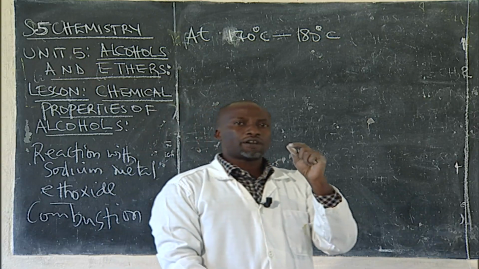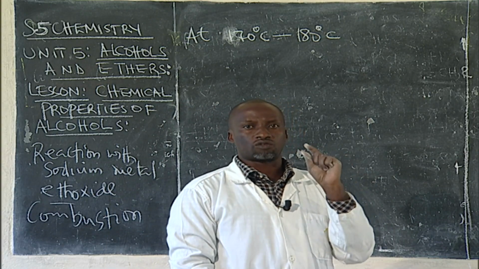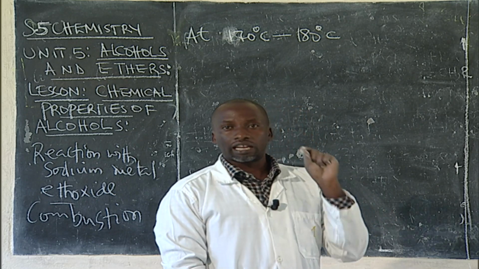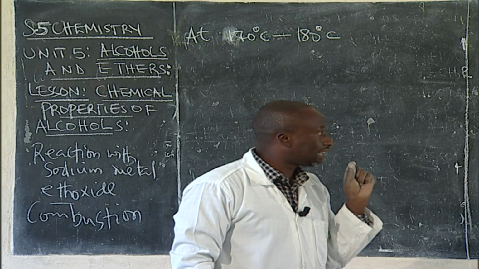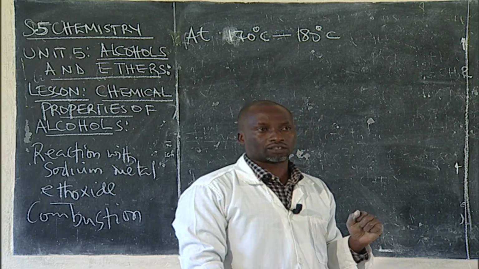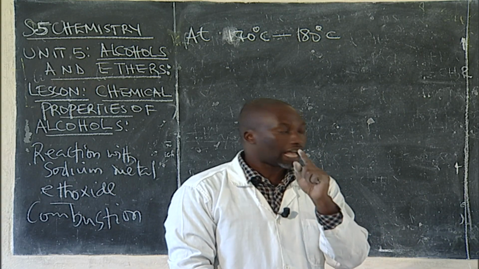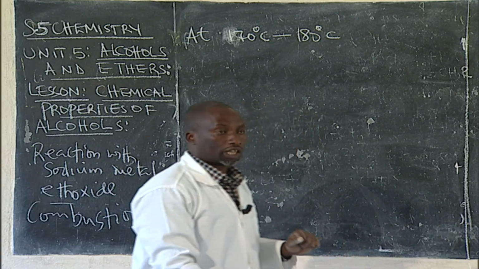If you remember very well, when you were looking at how alkenes are formed, one of the important reactions that you looked at was the dehydration reaction. Do you remember that reaction? I think you still remember, because it is a very important reaction.